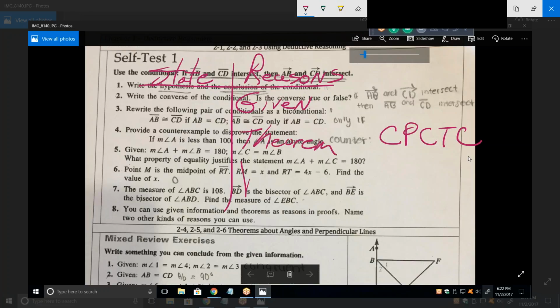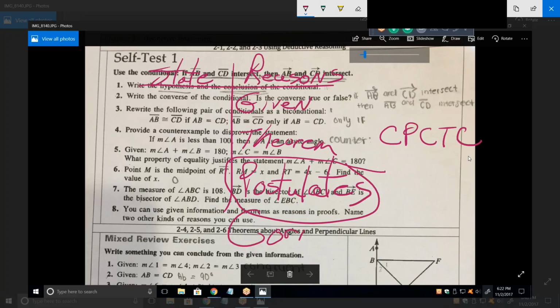How about postulates? Oh, that's right. Postulates. Not quite sure what the difference between a postulate and a theorem is. Or for that matter, a corollary also. Corollary generally means if it works one way, it works the other also.